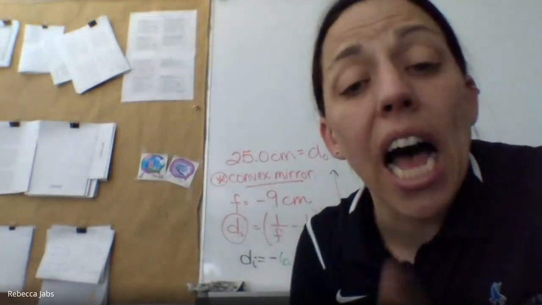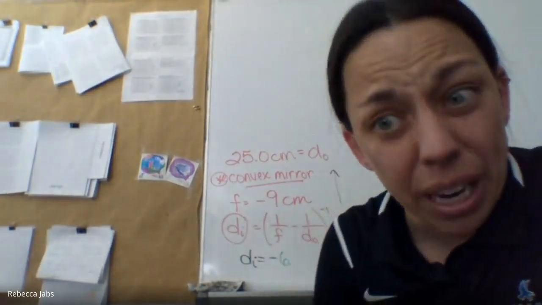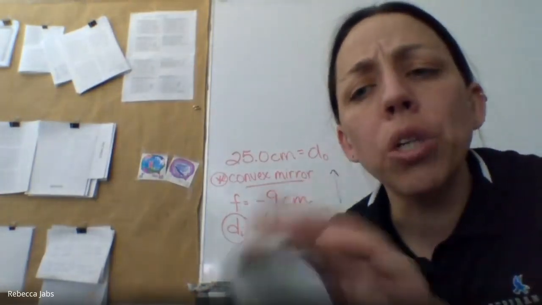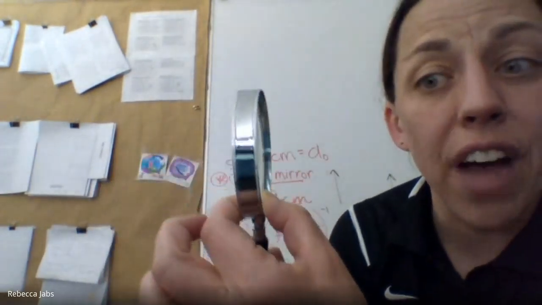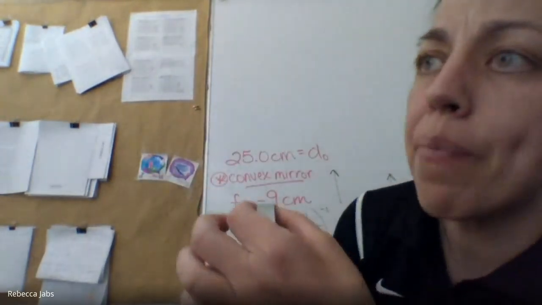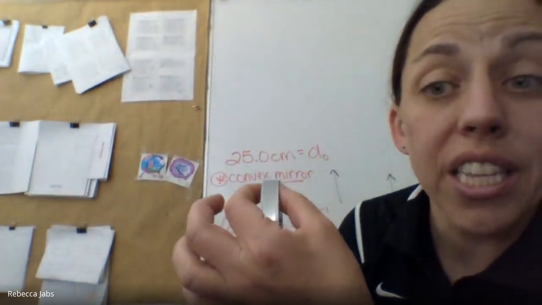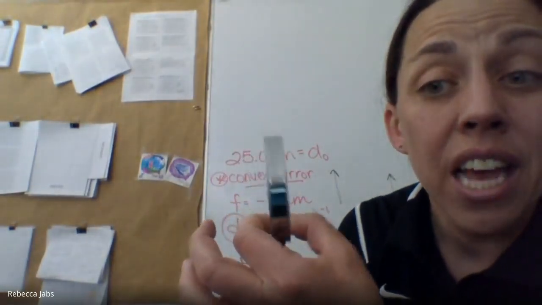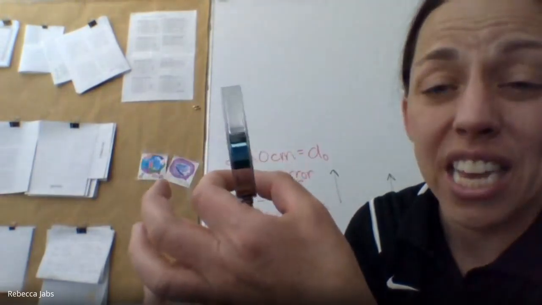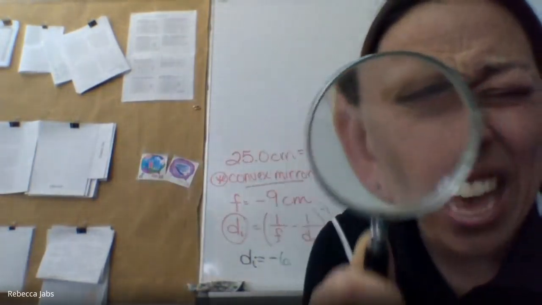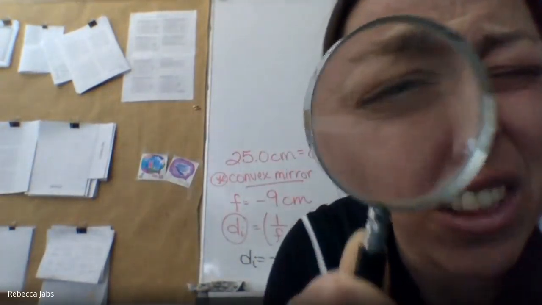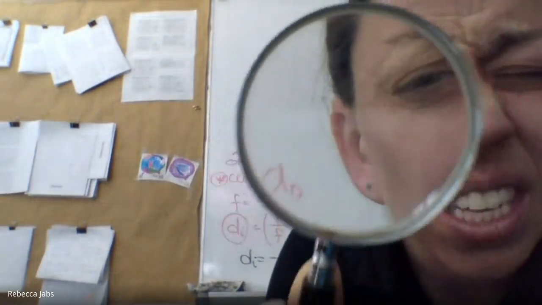Everybody always thinks a concave lens is like a concave mirror, but you got to flip them around. A magnifying glass is what we would consider a convex lens, because a convex lens is thicker in the middle. Does my eye look kind of big right now when I'm doing this?